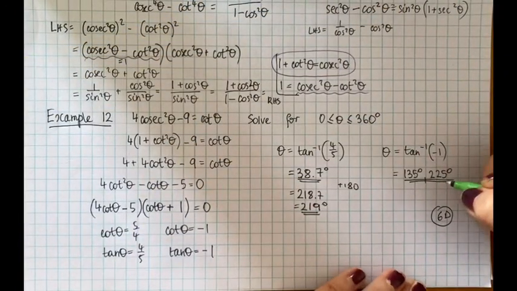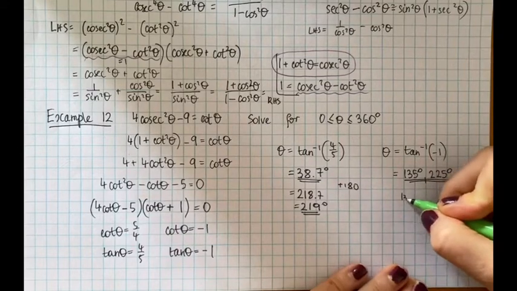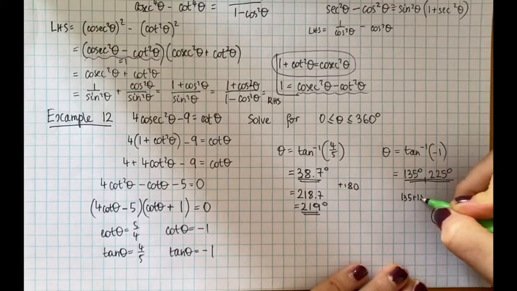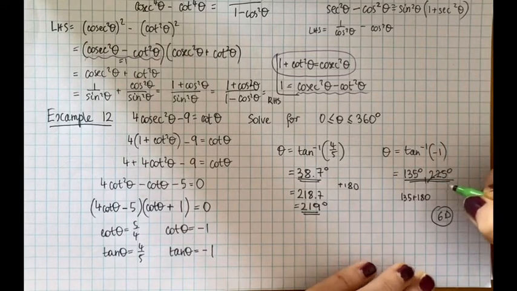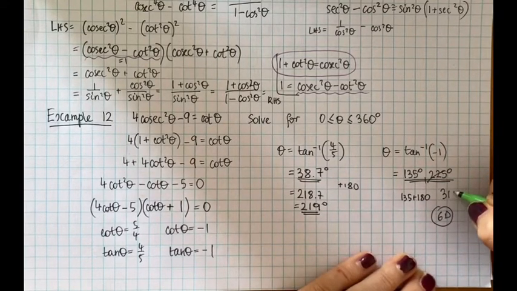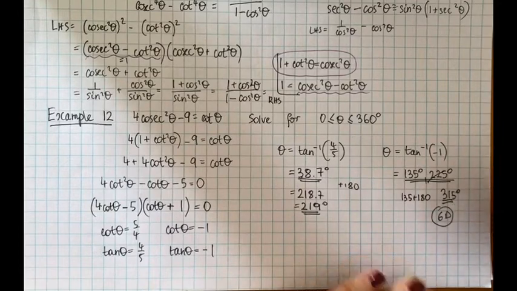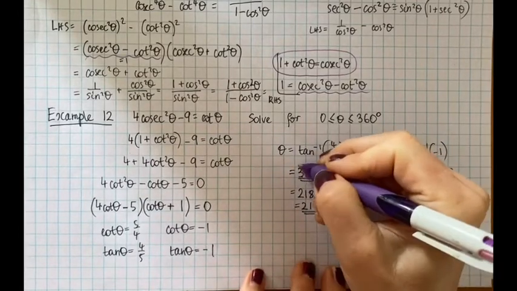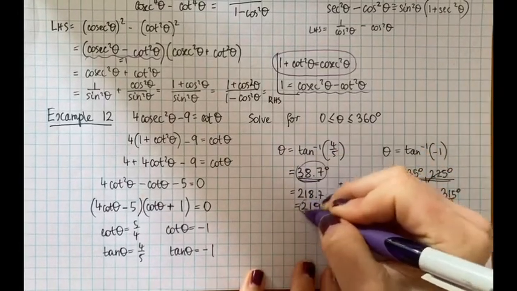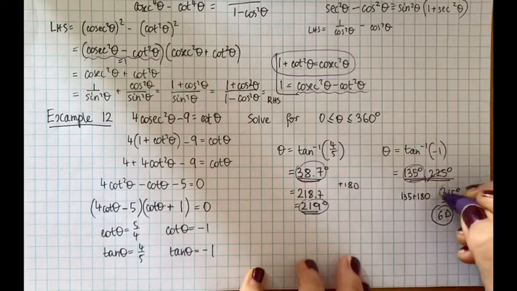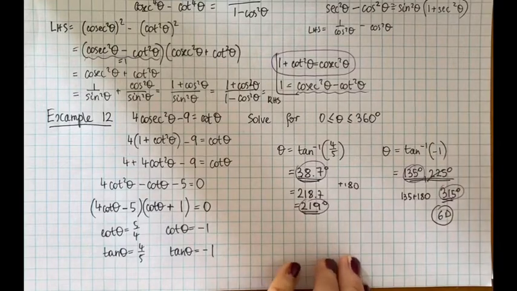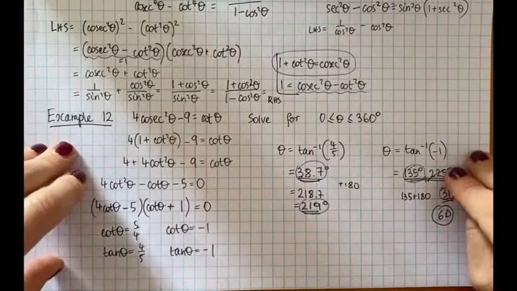Let me just double check this one. 135 add 180. Okay, that's clearly not right. 315. Okay, so you've got 4 solutions. I'll just circle them for you. Okay, so ready to go on to exercise 6D.